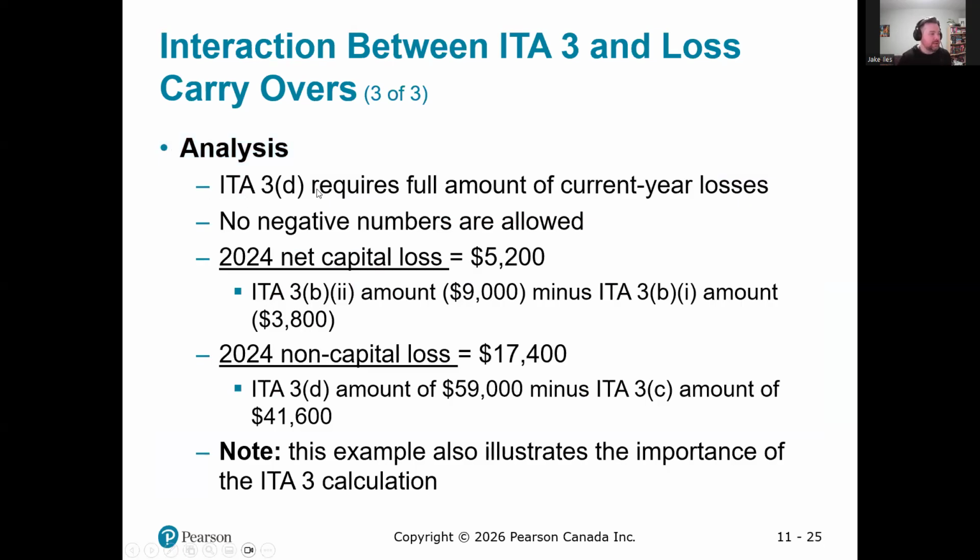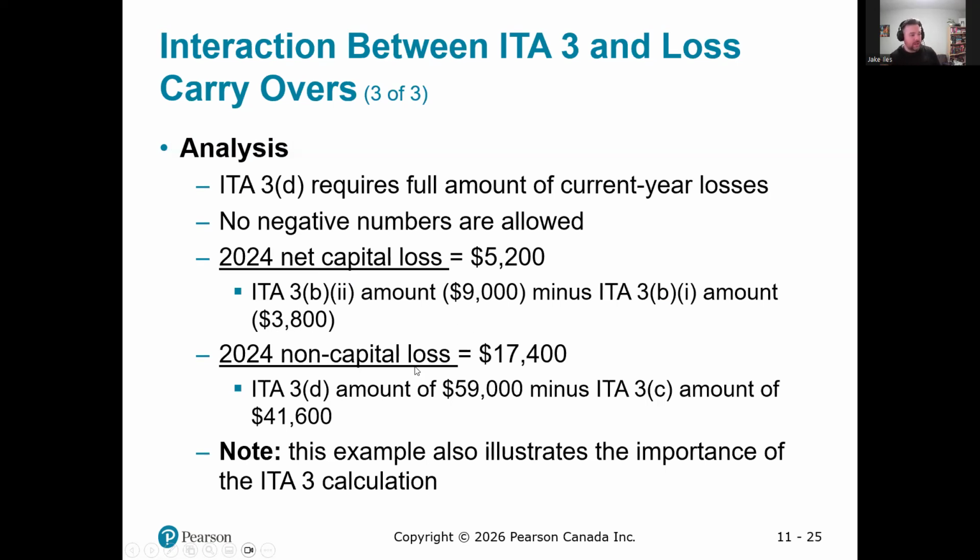So Income Tax Act 3D requires full amount of current year losses. We have to use the losses as much as we can in the year earned. No negative numbers are allowed. The 2024 net capital loss is $5,200. That's our 9,000 minus our taxable gain of 3,800.